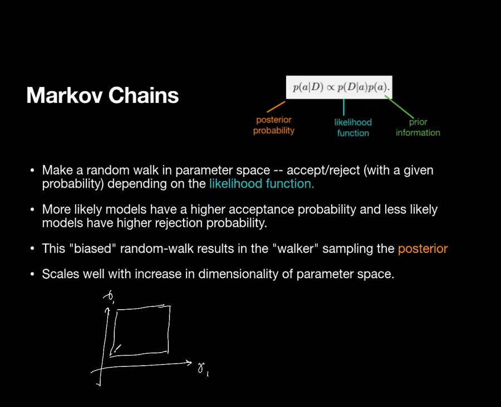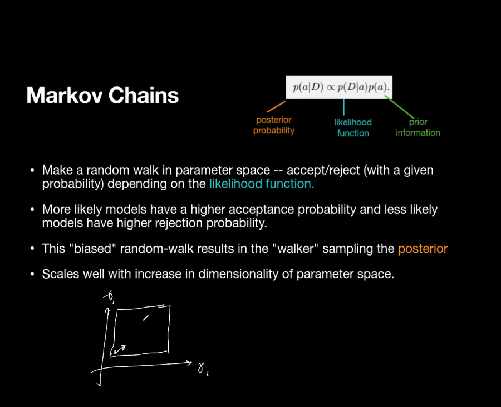You start off and do a random walk. For the first iteration, you compute the likelihood function and the posterior probability for that. Then you move in some random direction. Depending on whether the likelihood function there is better than the likelihood function here, you accept or reject the step based on some probability.